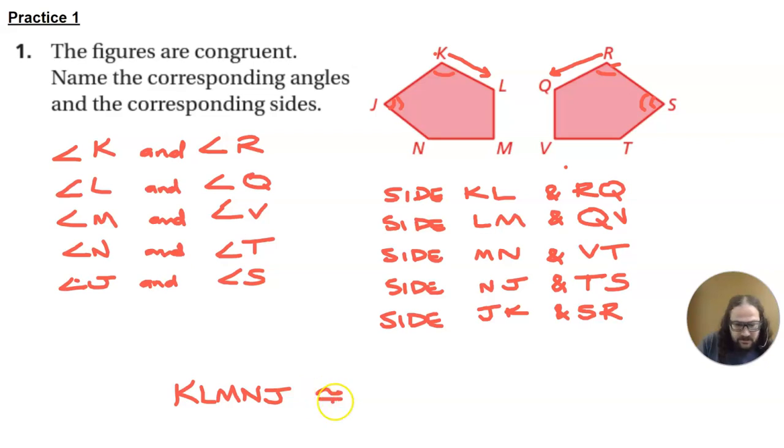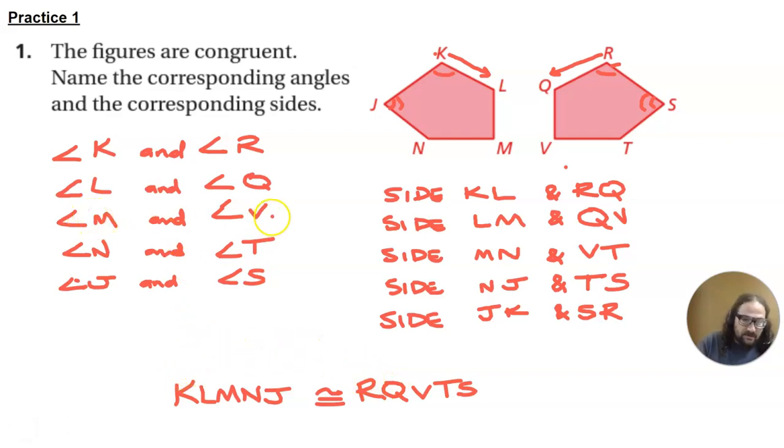And that is congruent to, and we have to use the corresponding letters. So KLM, we would go RQV, RQVTS. And then one thing you can notice is that corresponding angles, K and R, would be in the corresponding positions in how we name the polygon there.